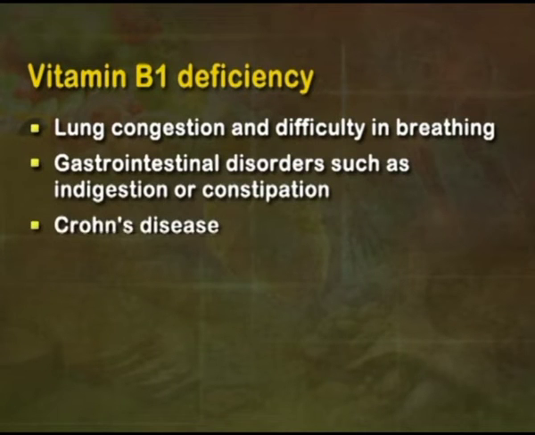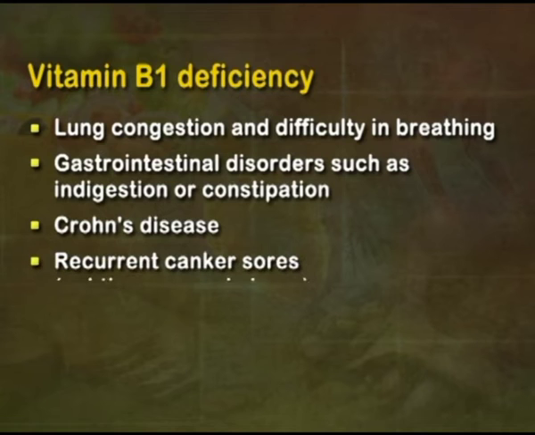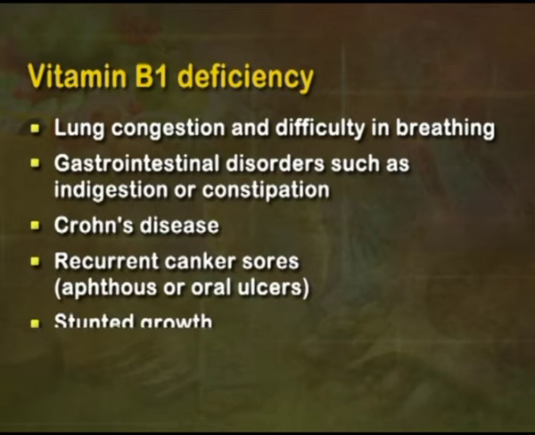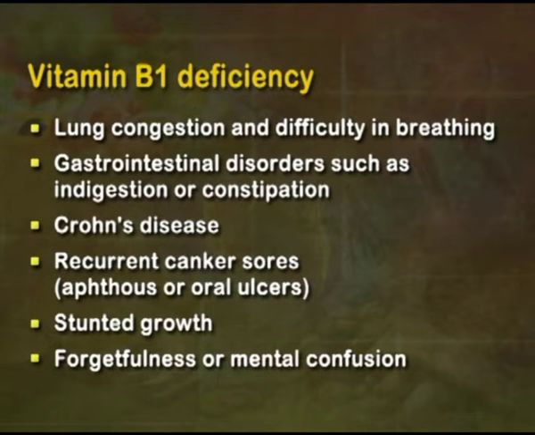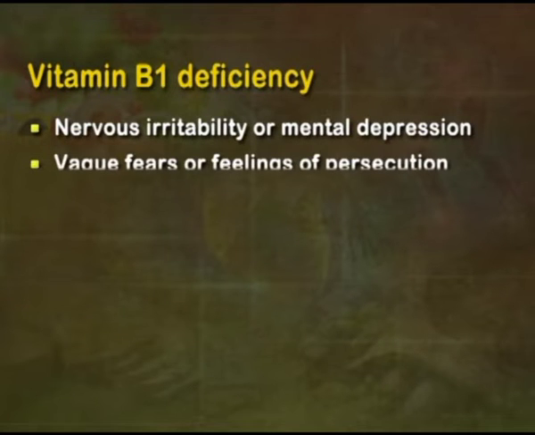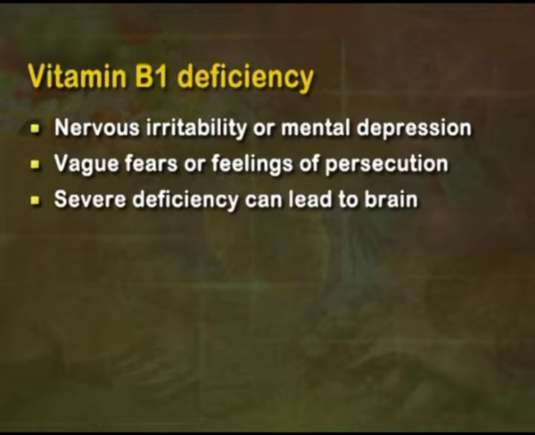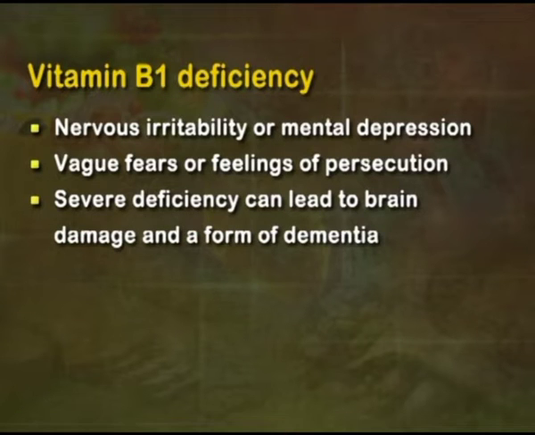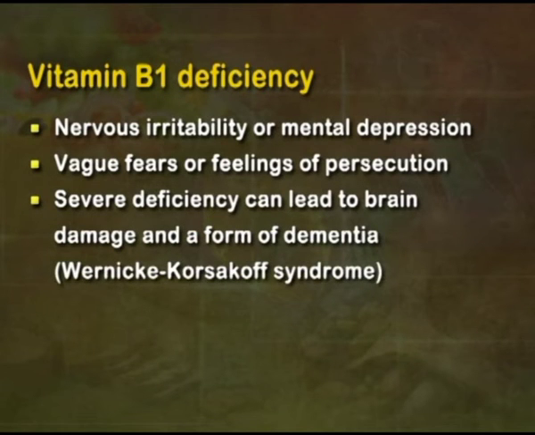Gastrointestinal disorders such as indigestion or constipation, Crohn's disease, recurrent canker sores, stunted growth, forgetfulness or mental confusion, nervous irritability or mental depression, vague fears or feelings of persecution. Severe deficiency of thiamine can lead to brain damage and a form of dementia also.